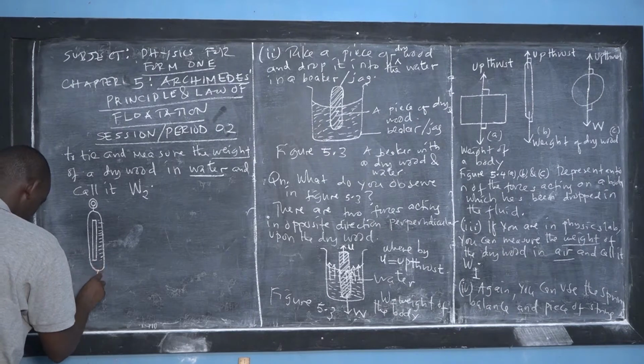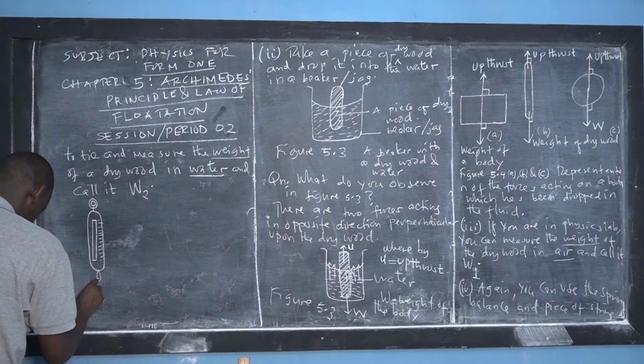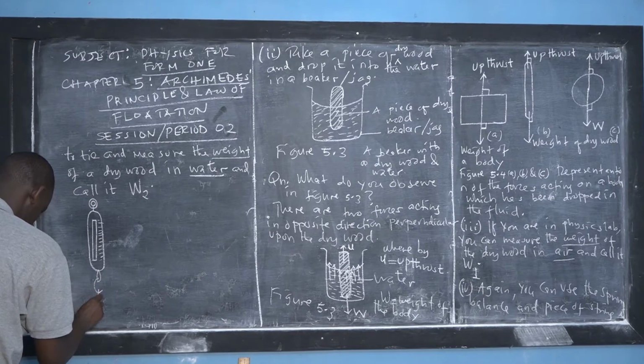Here we have a circular shape. And here we have a ruler, or a piece of dry wood.